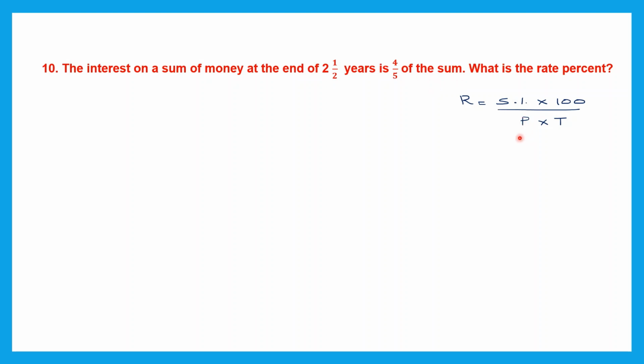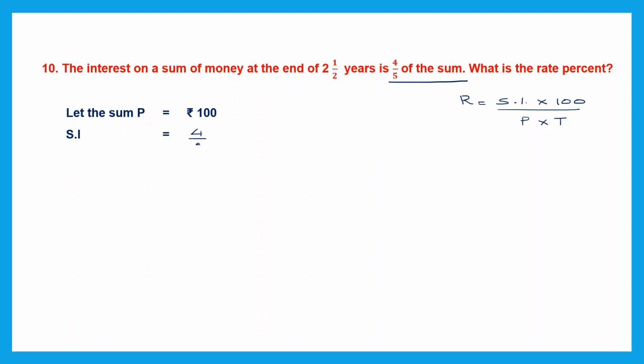That means first we need to consider principal to be 100 rupees. You can take it as X or you can take it as 100 rupees. Let's take it as 100 rupees. So let the sum, that is principal, be 100 rupees, and simple interest here is given as 4/5 of the sum.